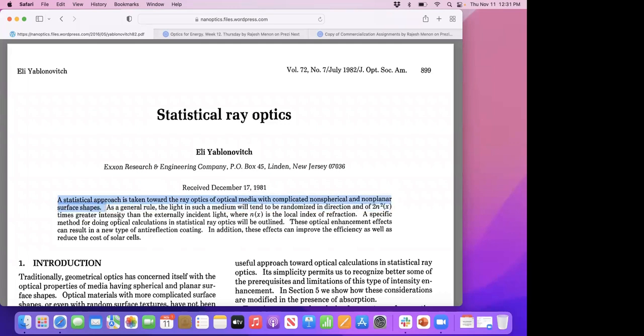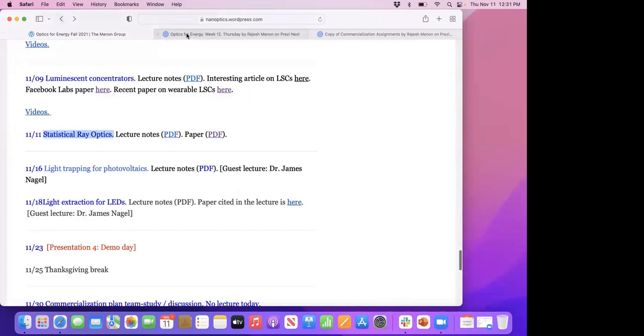Anyway, if you want to learn in greater detail, I would strongly recommend reading the paper. It's a very important paper, in my opinion. And Eli is an interesting person. He's been nominated for the Nobel Prize a couple of times, actually once for the invention of the photonic crystal. Anyway, so that's what we'll focus on.